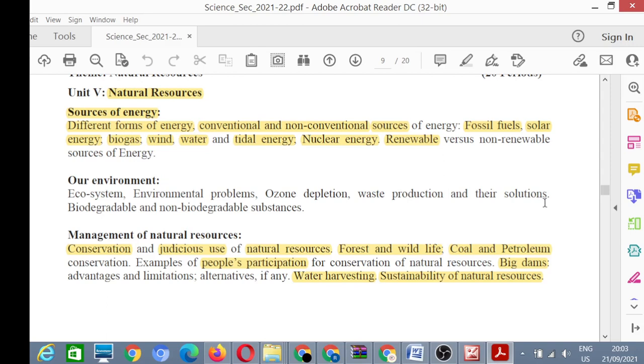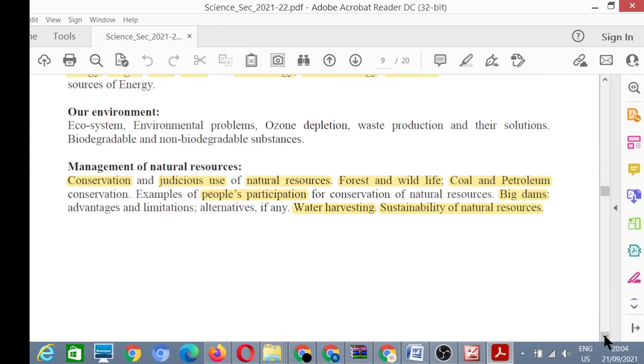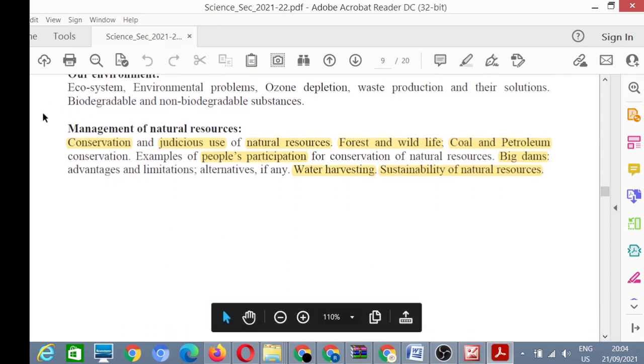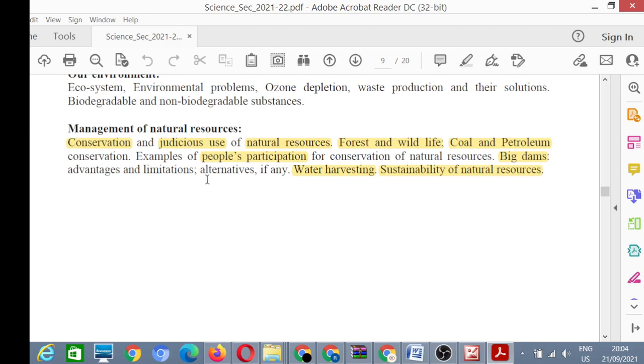Their solutions. Then we have biodegradable and non-biodegradable waste. For example, some types of polythenes are non-biodegradable, and government had banned these types of polythenes. Now next is management of natural resources.